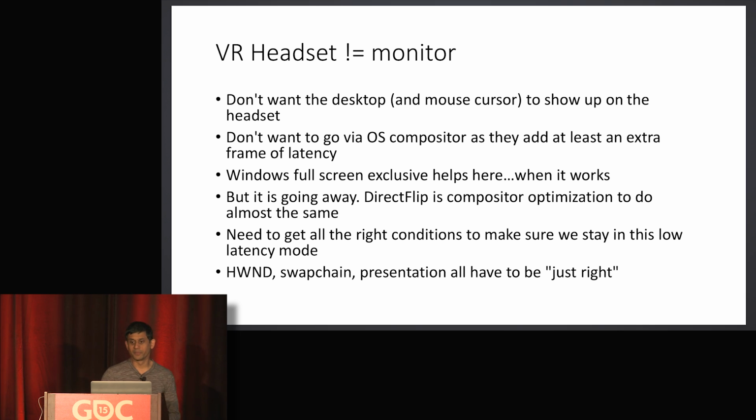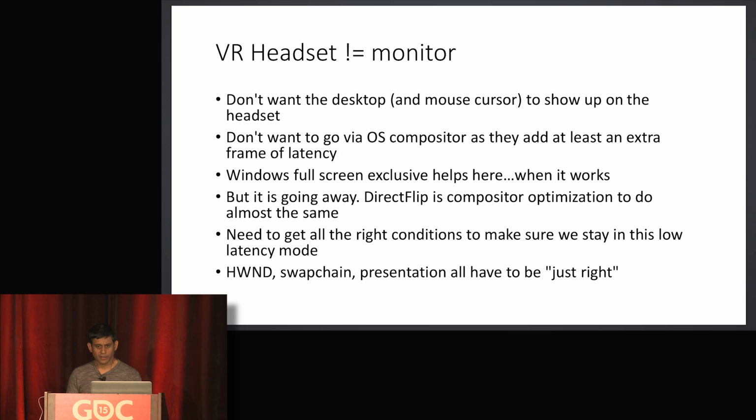One of the key problems in VR is that existing operating systems are not designed for headset displays. Treating a headset as a 2D monitor leads to a bunch of unexpected things showing up and looking distorted in your headset. Also, the OS compositor usually gets in the way of having really low latency.